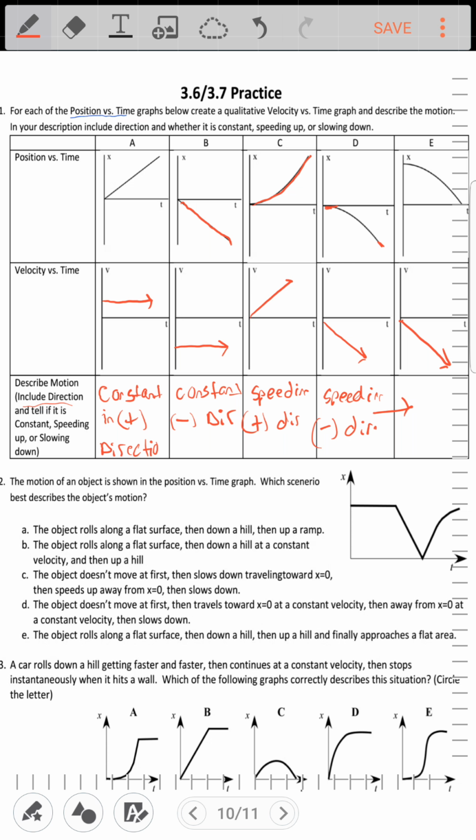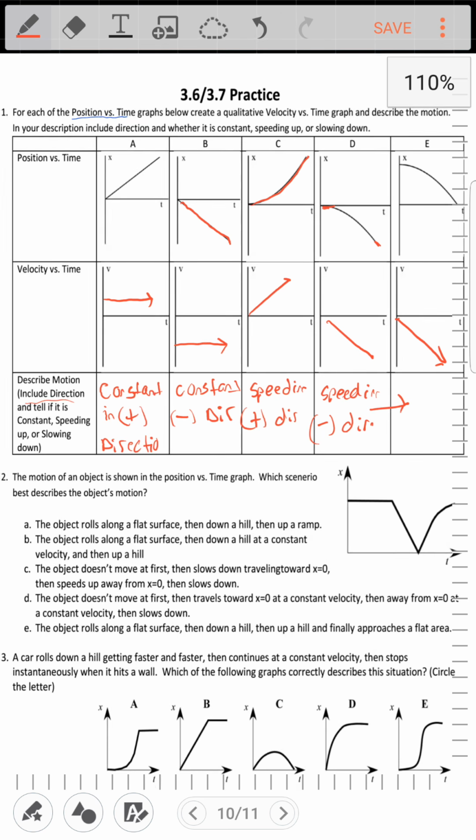Just as an example so you can see that, I'm going to do this for letter D and I'll correct it in a second. Slowing down in a positive direction would be going to my 0 point. Slowing down in the negative direction would also be going to my 0 point. So that's what slowing down would look like. That's why both of these are speeding up, because they're going away from your 0 point.